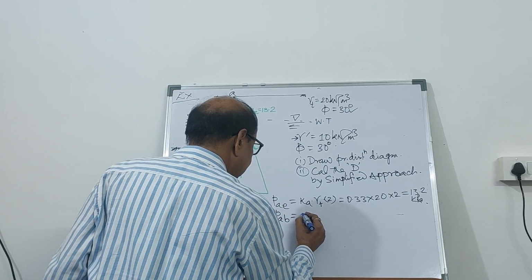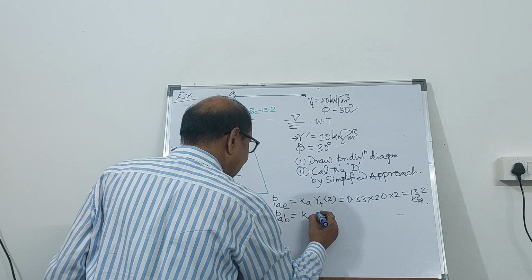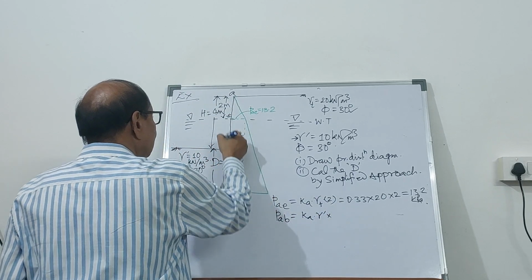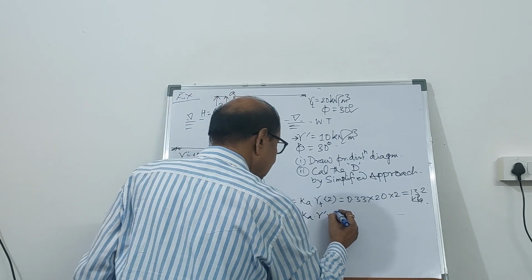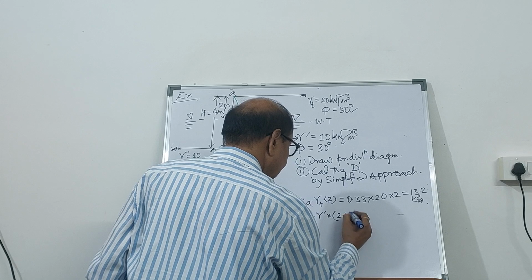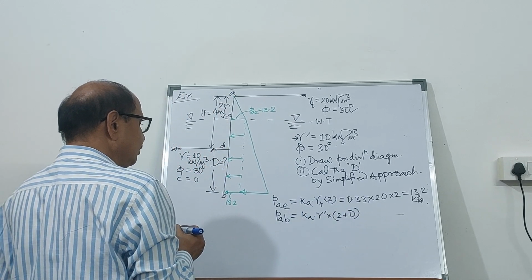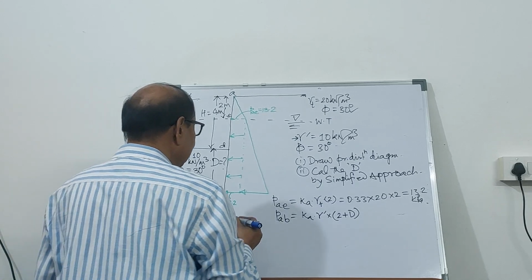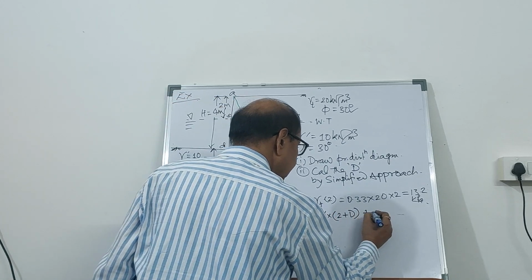So K gamma prime multiplied by, this is going to be 2 meter, E to D, plus D. So K gamma prime into 2 plus D plus 13.2.